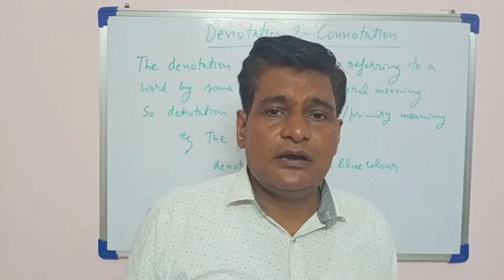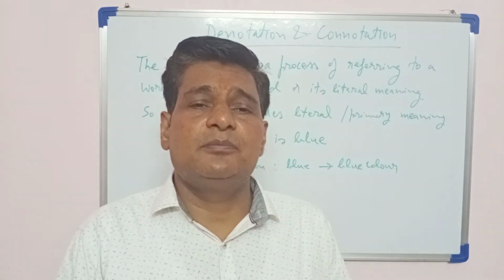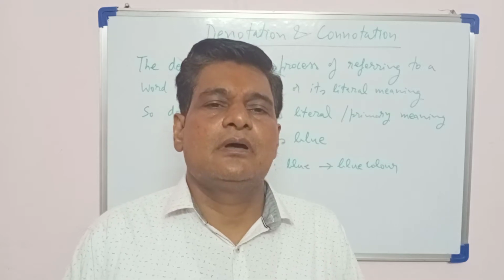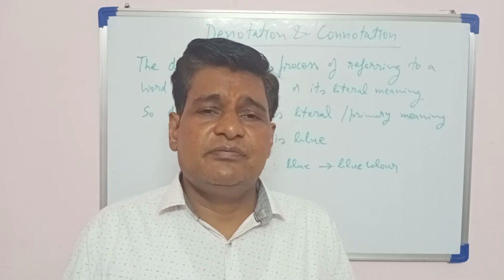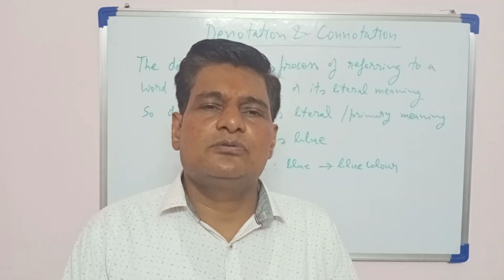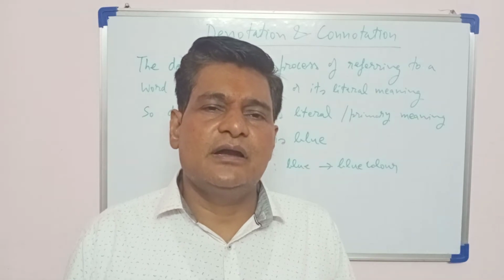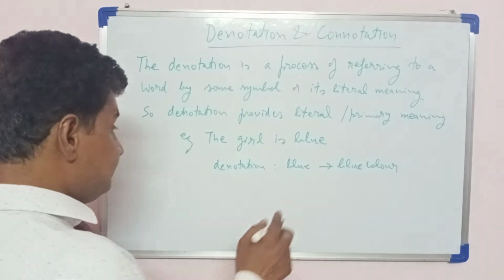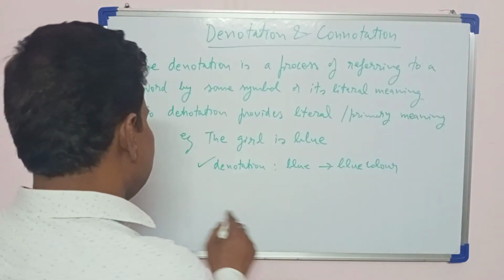It means the girl is fully blue. Her face and hands are painted blue. She is wearing a blue dress. Her shoes are also blue. And if she is wearing a cap, then that is also blue. So here the girl is blue means the girl is literally blue. So here denotation refers to blue color.